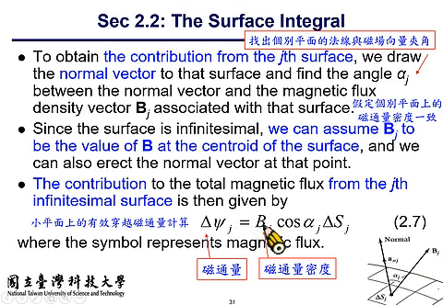The product of B delta S and cosine alpha is the so-called magnetic flux. You must have noticed that B is referred to as the magnetic flux density, okay? And delta S is the area.